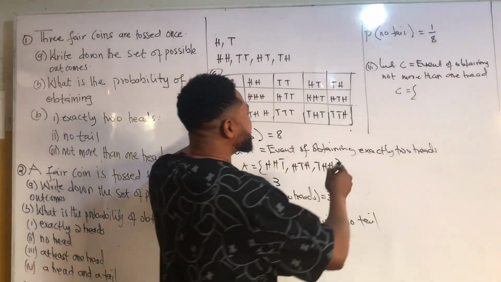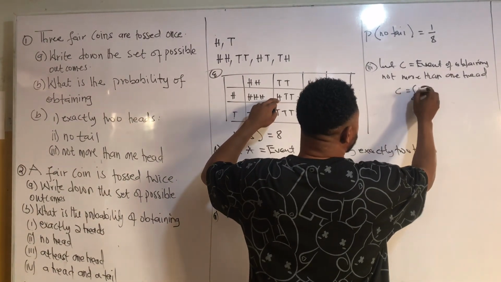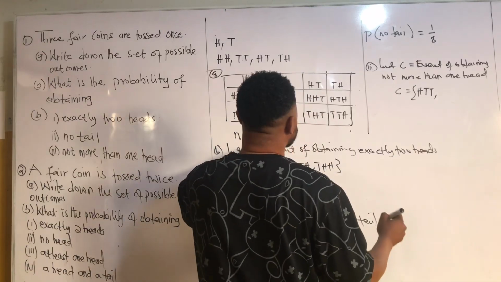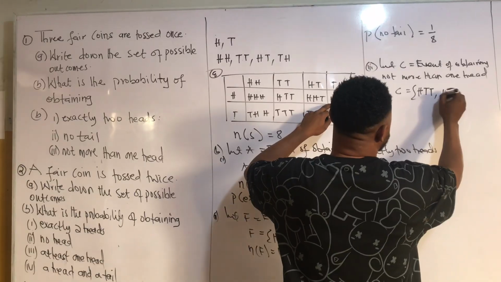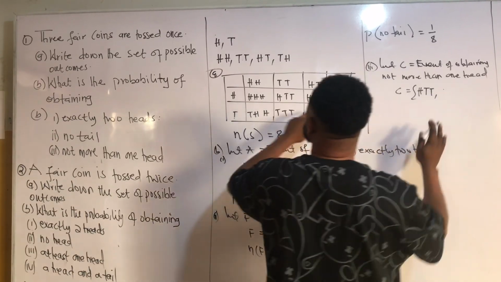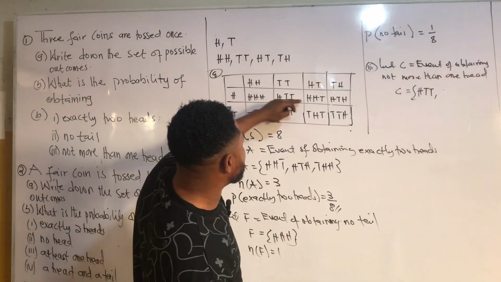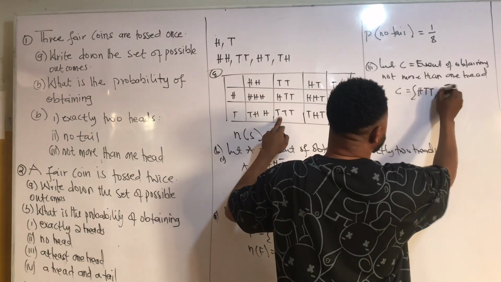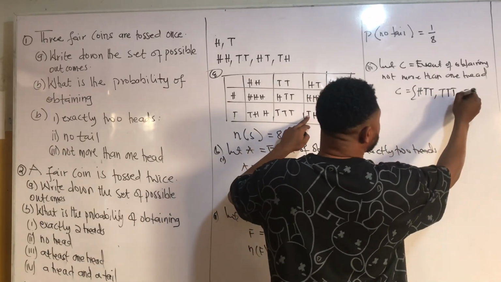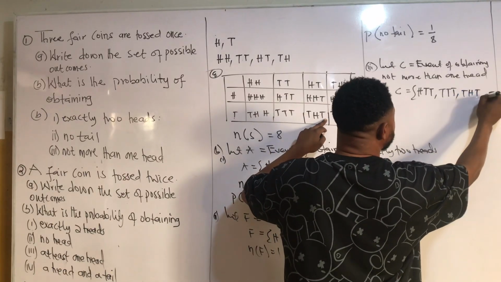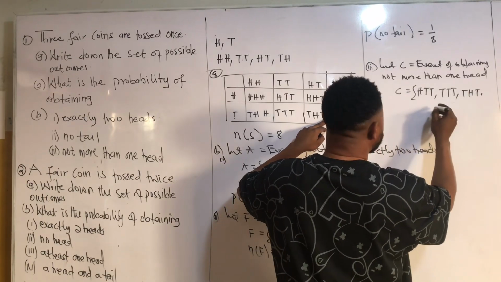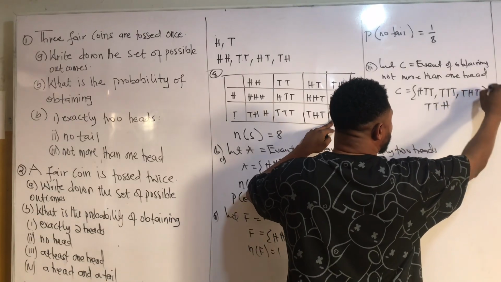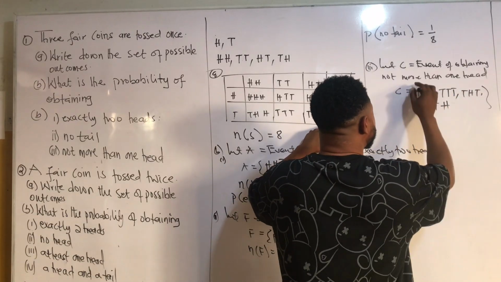So if one head, then we are looking at head, tail. We are also looking at head, not more than one head. So here we can also see this. All right, tail, head, tail. All right, and tail, head. So this is what we are going to get.